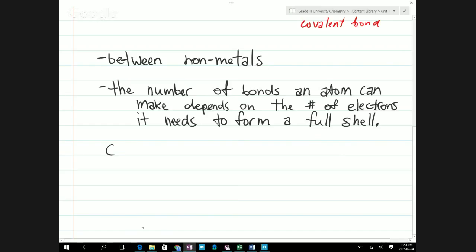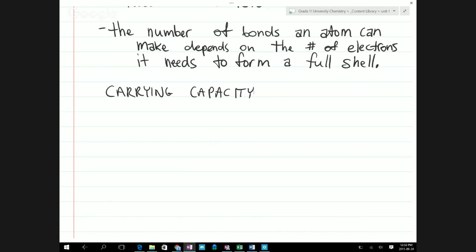And we call that its carrying capacity. And really quickly, we know that carbon and silicon can make 4. What can make 3 again? Nitrogen, phosphorus.